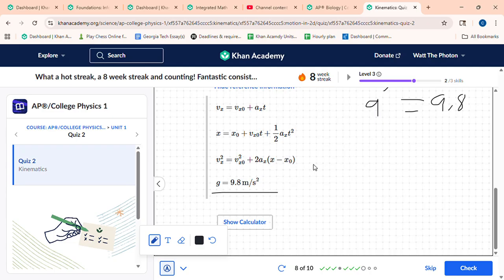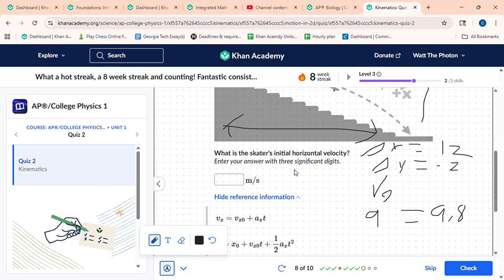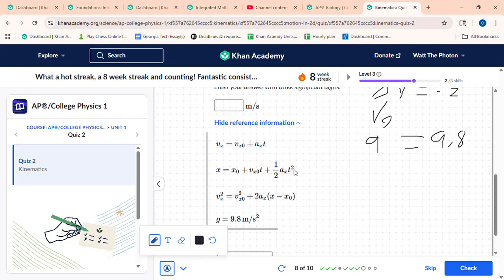Position of x: initial x we'll call 2, and final x is 0. 2 plus initial velocity Vx0 times t, so I think that's my initial velocity times time.